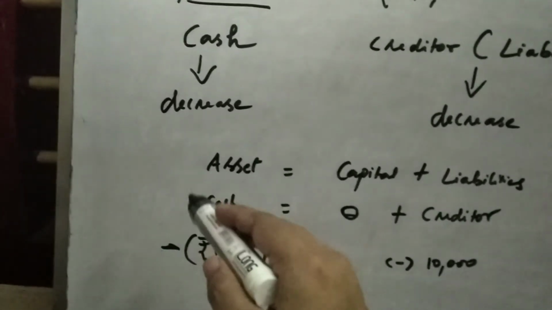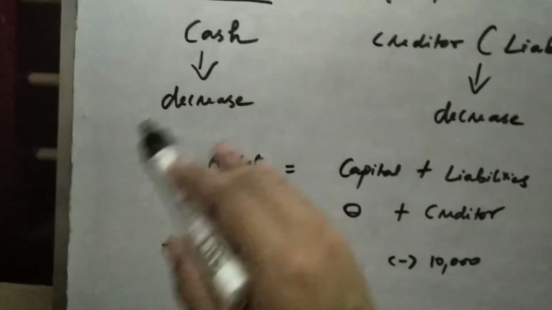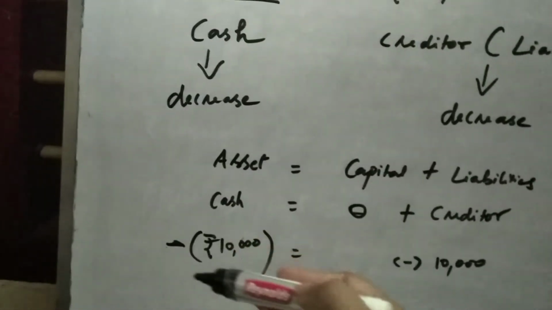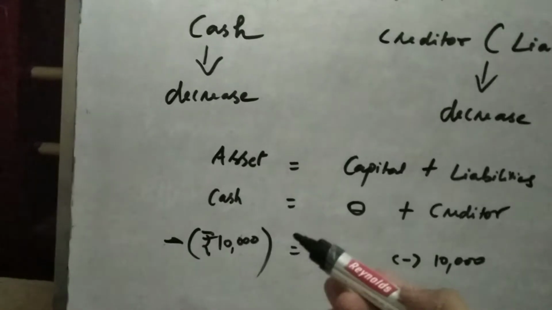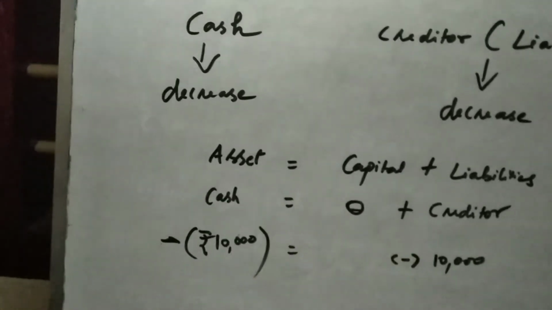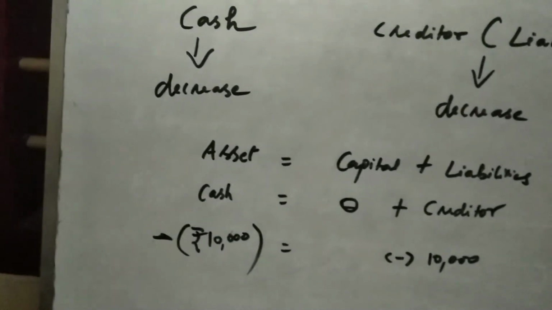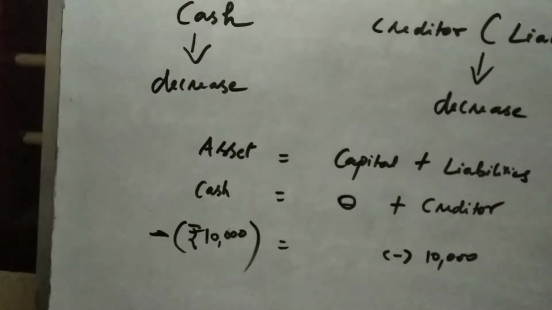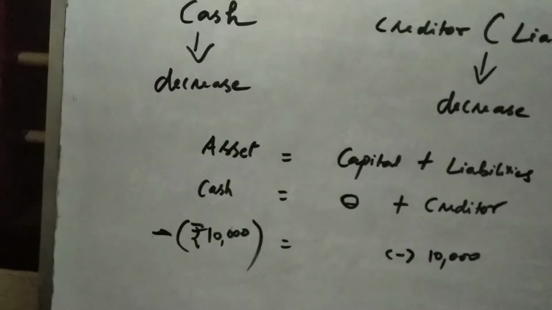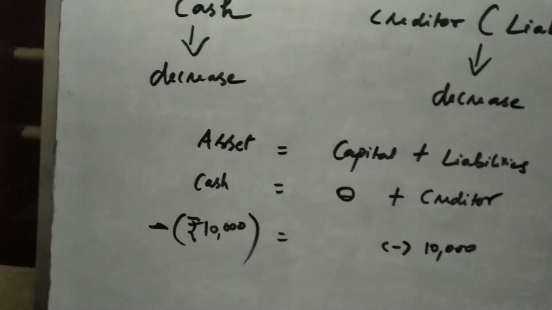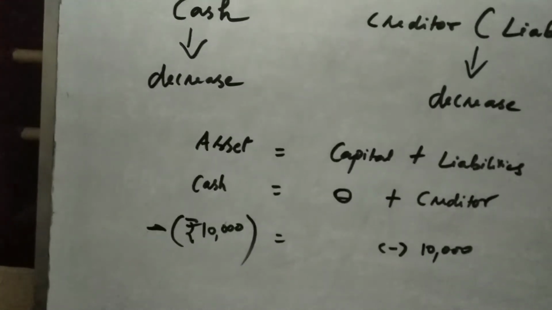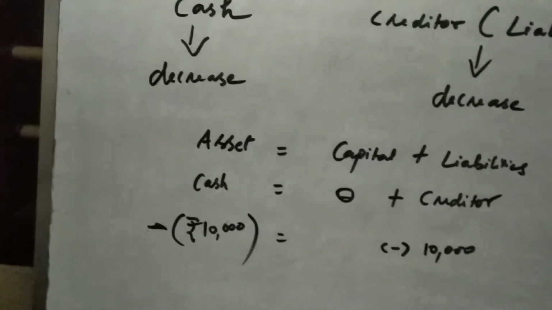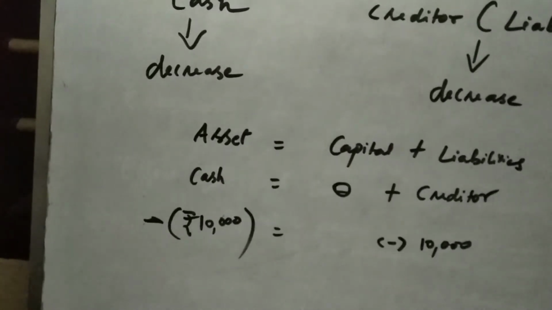Whatever balance of cash you have, from that we make a payment to our creditor. Say, for example, you have 1 lakh of cash; from that 1 lakh you are paying 10,000, so the remaining will be 90,000. Similarly, for the creditor, you are supposed to pay 15,000, but you are paying only 10,000 now.